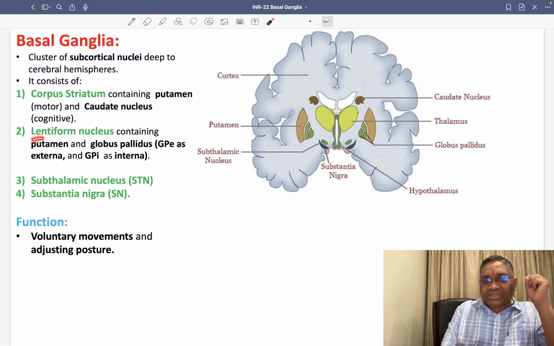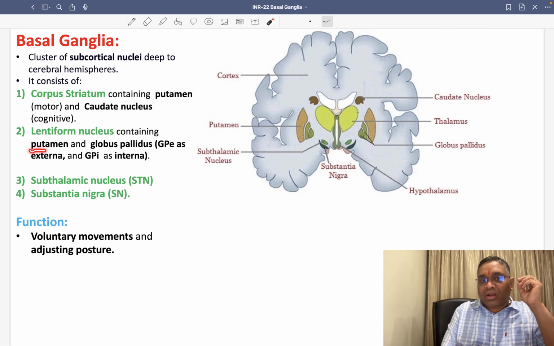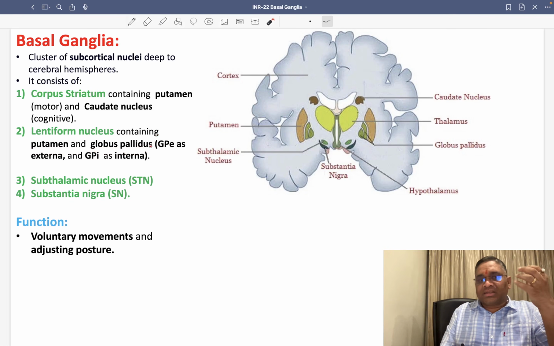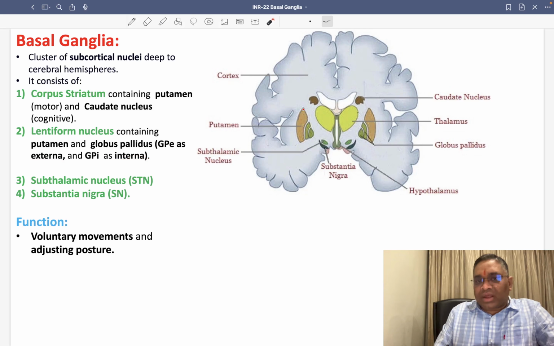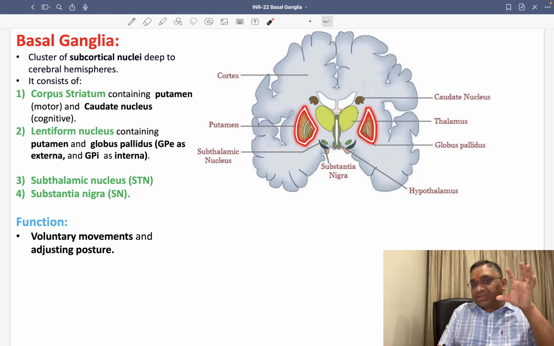Now we will see what forms the lentiform nucleus. Lentiform means lens like, right? They should look like a lens. So what will they contain? They contain putamen and globus pallidus. In globus pallidus there are two parts: one is externa, one is interna. You can see this is looking like a lens. So this is the lentiform.